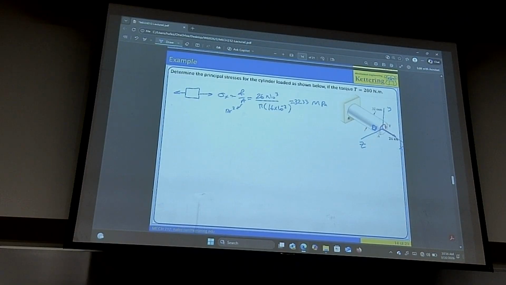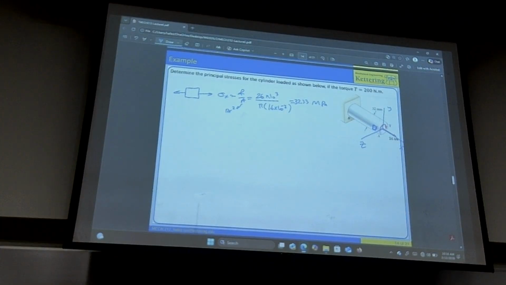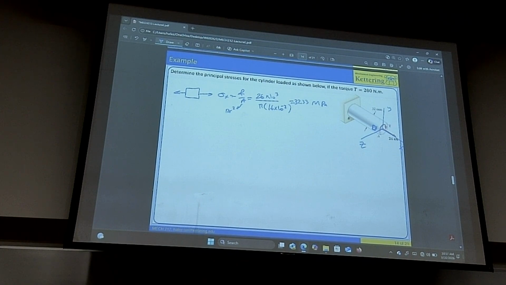Braden, let's look at the torque. The torque, what kind of stress does it create? We learned it in lab 1. You want the equation? Yes, please. So you have torque, what kind of stress do you have? Shear. Very good, shear stress. Tau equals... that was for bending. It has to have T, torque, in it. Tau equals P over R?